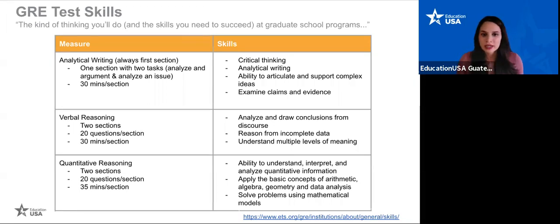And then quantitative reasoning, right? Again, 2 sections, 20 questions each. This is math. So our ability to understand, interpret, and analyze quantitative information, applying basic concepts of arithmetic, algebra, geometry, and data analysis, and solving problems using mathematical models.